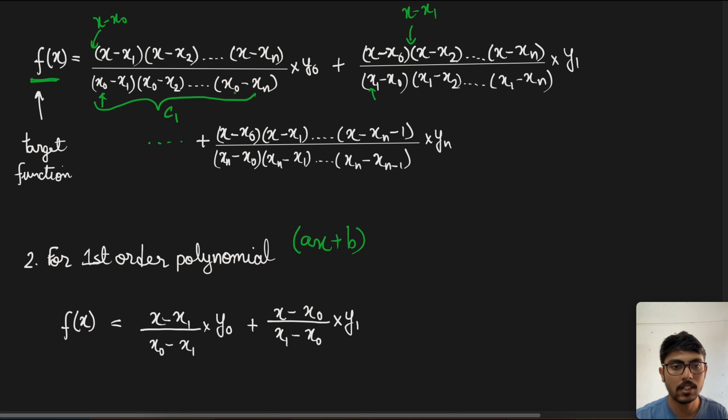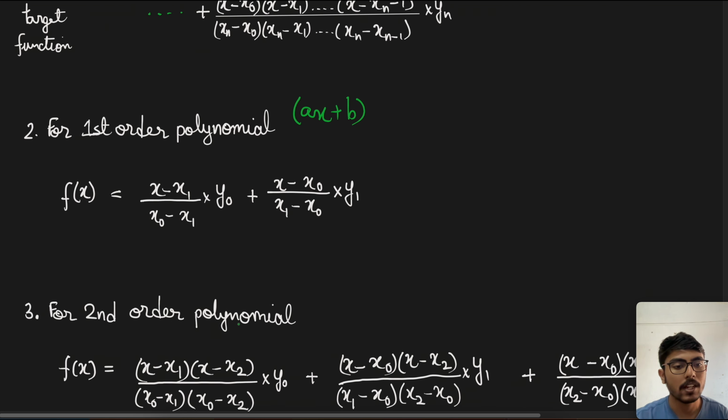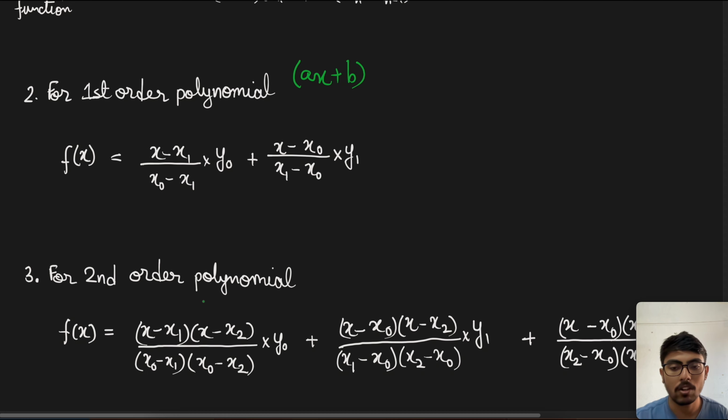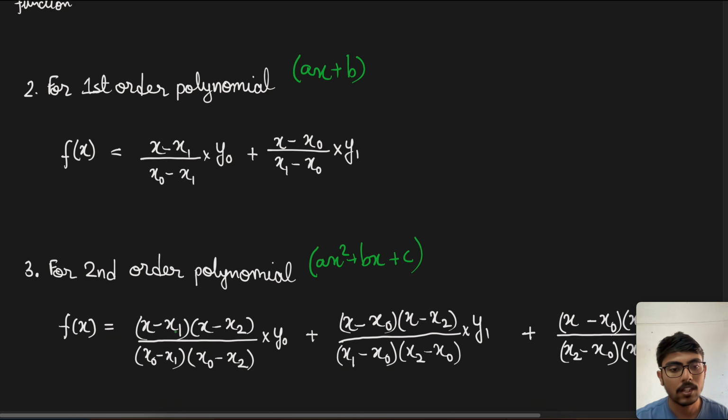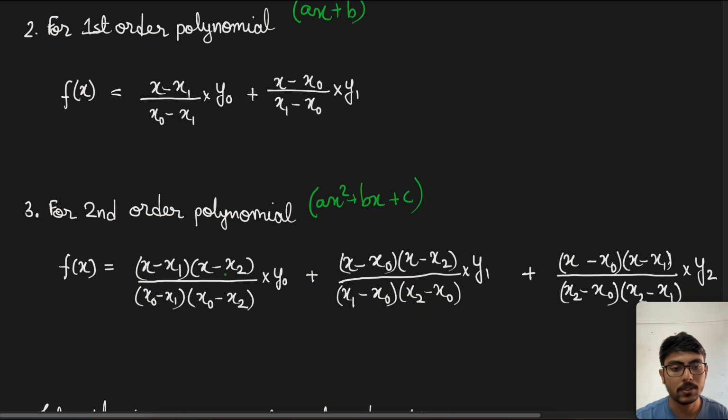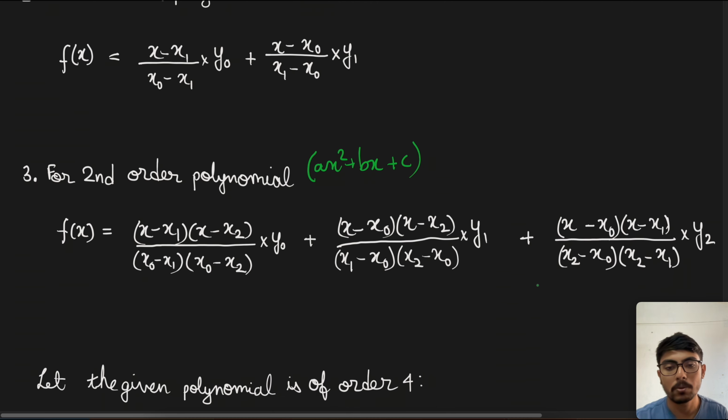Simple, it's just the miniature version of what we saw above. Similarly, if it is of order 2, that is ax squared plus bx plus c, it will be of this type: x minus x1, x minus x2. It's just that we omit the first term in the numerator and make it the minuend in the denominator. That's how we proceed.